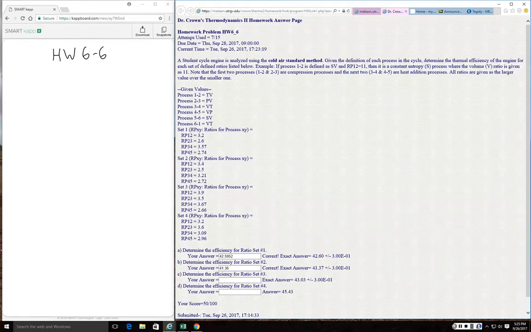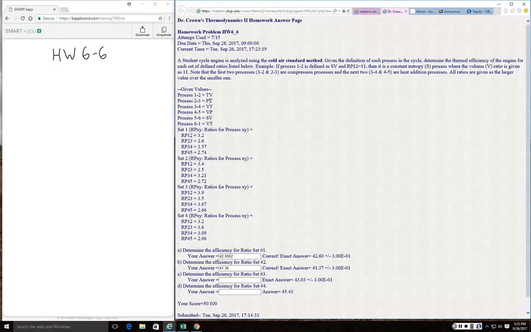So we can calculate the equation for efficiency just from the values given here, but if we want to actually get a number for the efficiency, then we would need to use the ratios. So this is the ratio for process 1, 2. This compression ratio is 3.2.